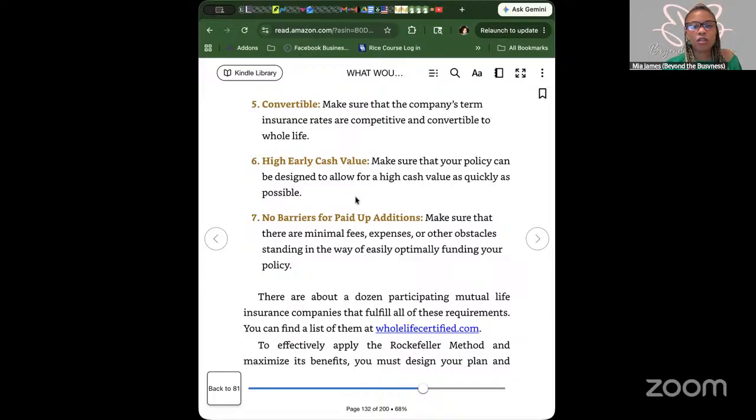Also, if you qualify, you want a term policy that doesn't require a medical if you decide to convert, meaning you're already a client and already approved. Let's say, God forbid, within the first 5 years you're diagnosed with cancer.